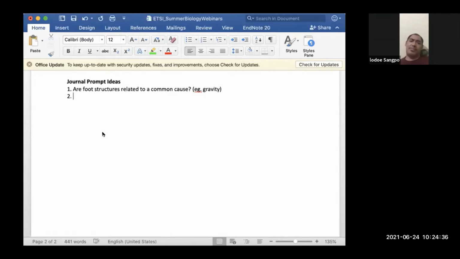Our prompt idea is more general rather than going to one specific one. It has more to do with something like how evolution fits with rebirth, and how natural selection is similar to karma.